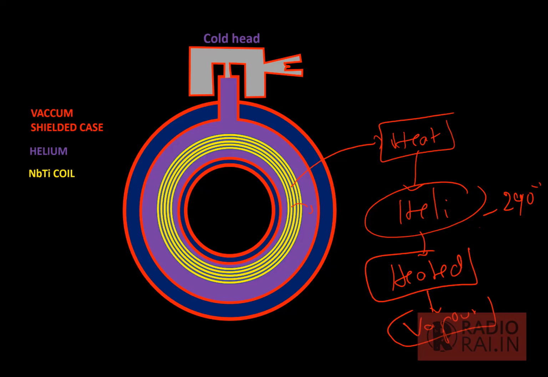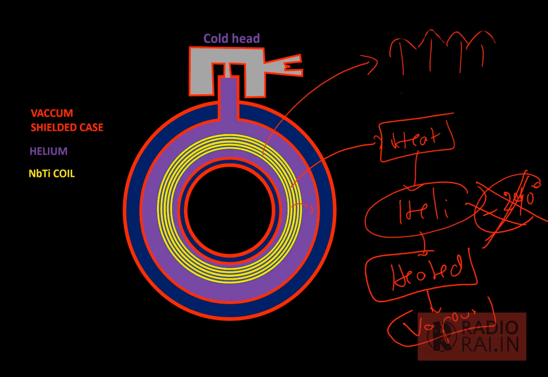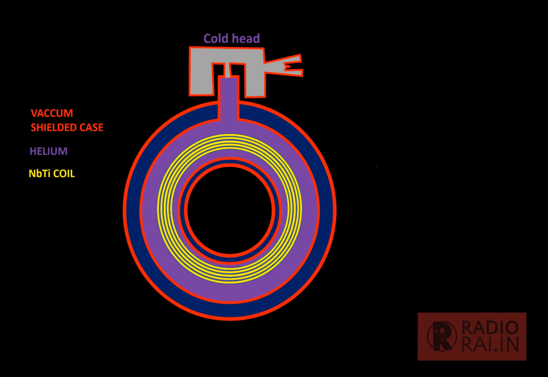Whenever there is loss of this low temperature, the resistance keeps on increasing. Whenever the resistance increases, the electric current that we have passed inside this coil will be lost. This is when the MRI gantry will be shut down and will stop producing magnetic field.